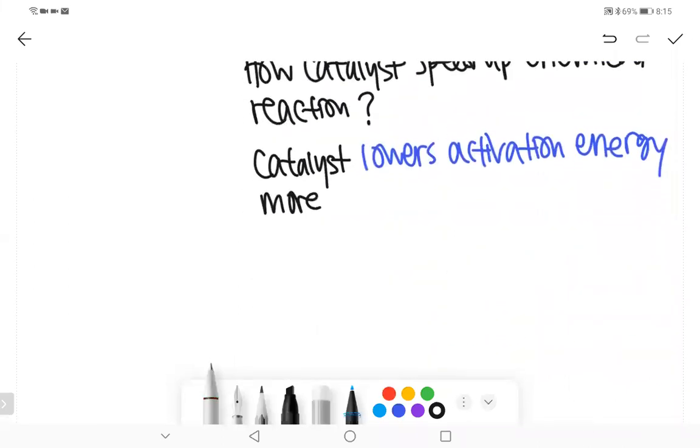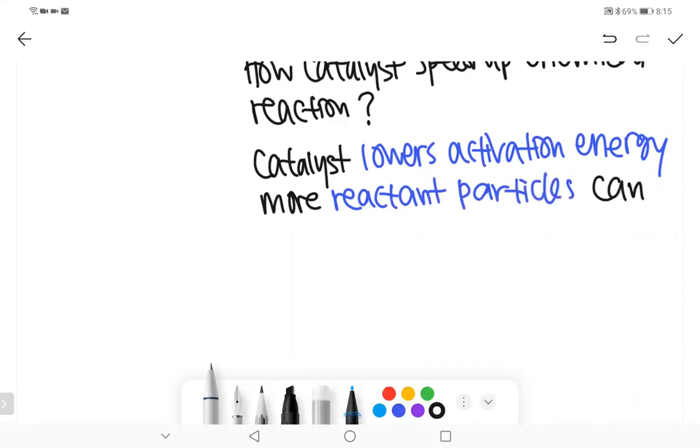Reactant particle means raw material. More and more raw material can achieve the lower activation energy.